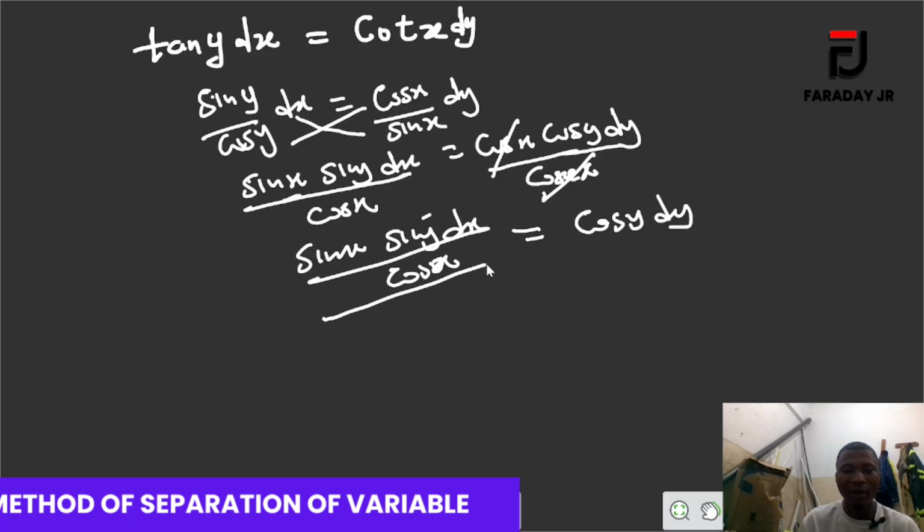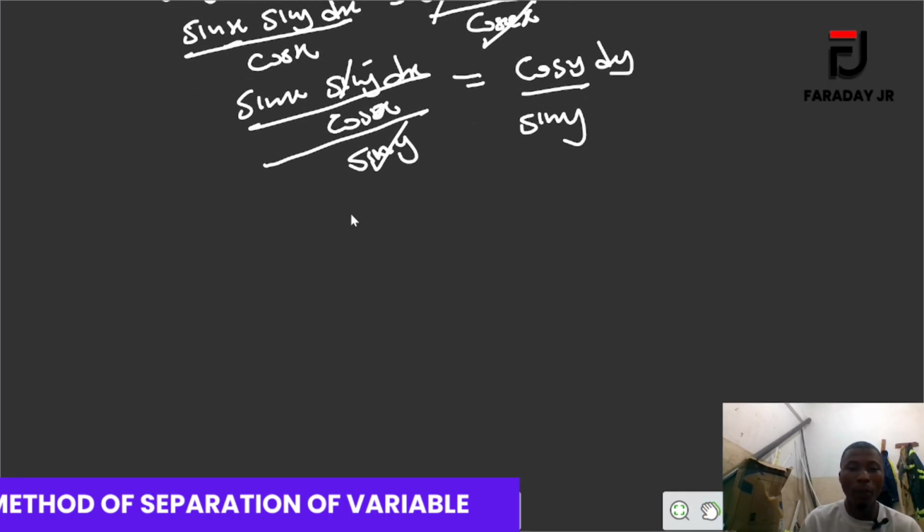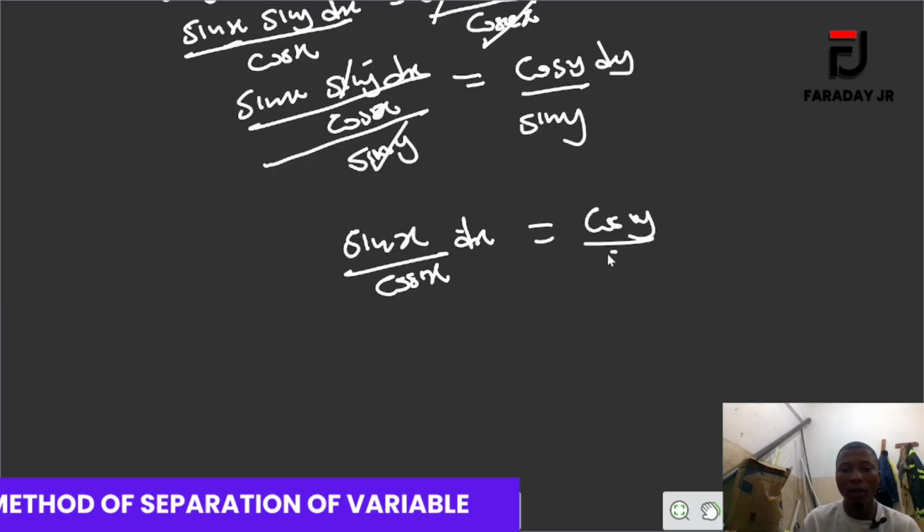Realize that we still have sine y on the left side of the equation, so we divide here by sine y and the other side by sine y. This sine y will cancel this one out, so we end up with a resulting equation in this form: sine x all on cos x dx equals cos y all on sine y dy.